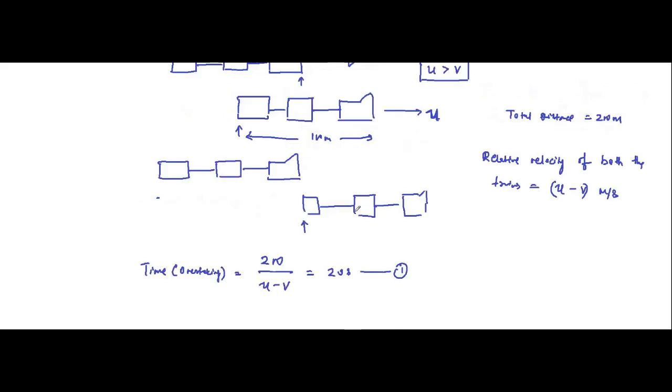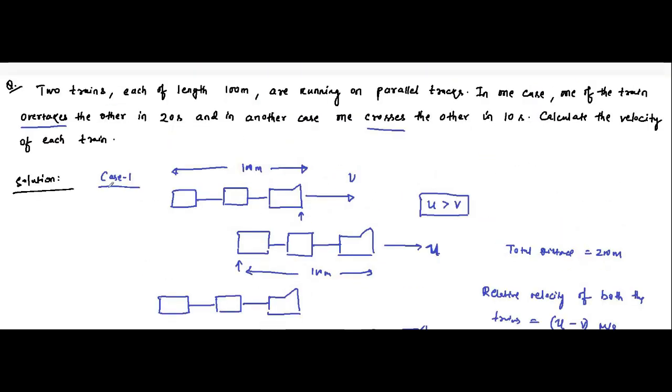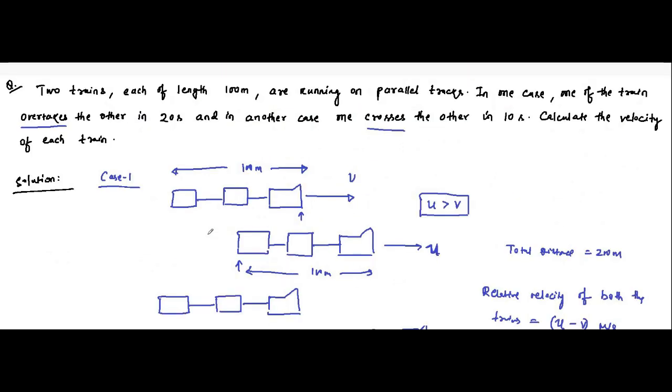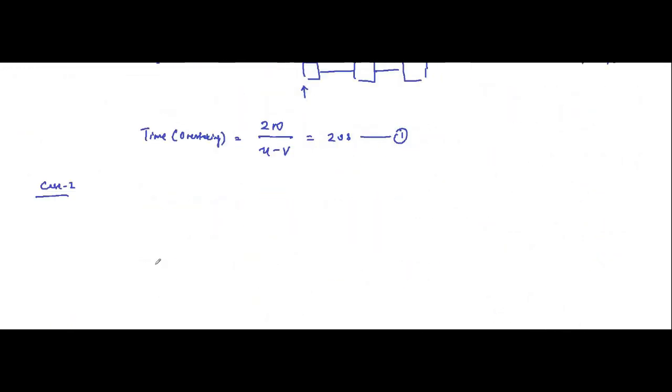Then we have the second case, case 2. The trains cross each other. Crossing means that both the trains are moving in opposite directions.